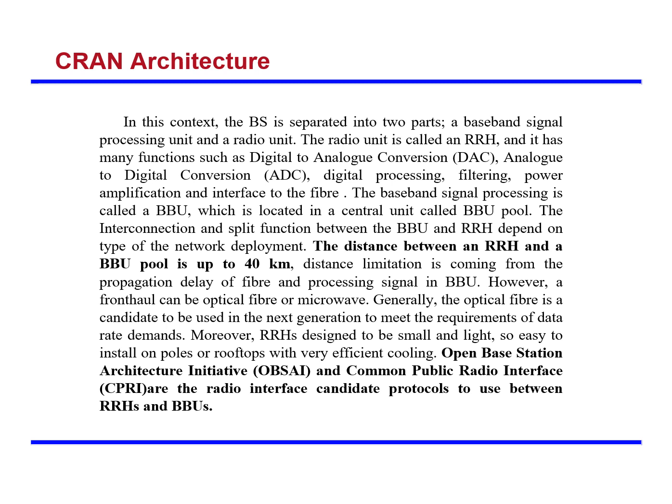However, a fronthaul can be optical fiber or microwave. Generally, the optical fiber is a candidate to be used in the next generation to meet the requirements of data rate demands. Moreover, RRHs are designed to be small and light, so easy to install on poles or rooftops with very efficient cooling.